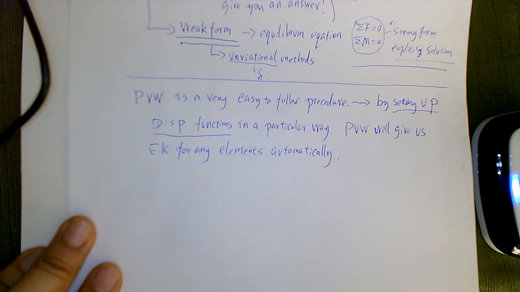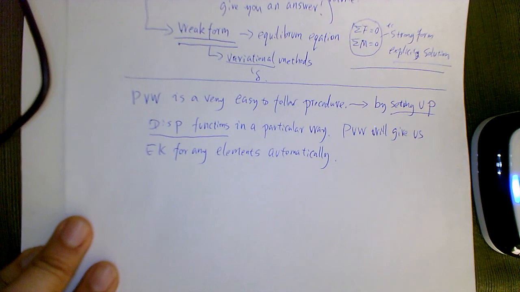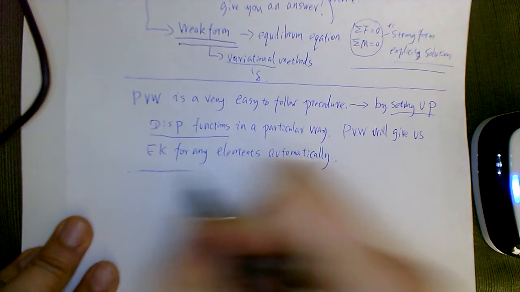It is called a constant strain triangle. Then that'll be the end of this class for derivation. We'll see how far we can go, and we'll see how we get there. Okay, see you next time.